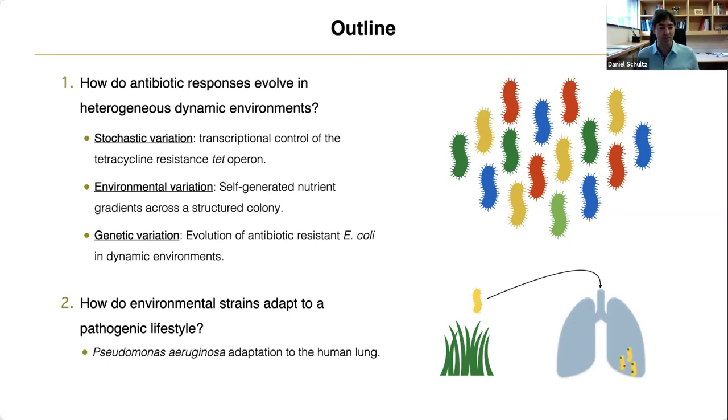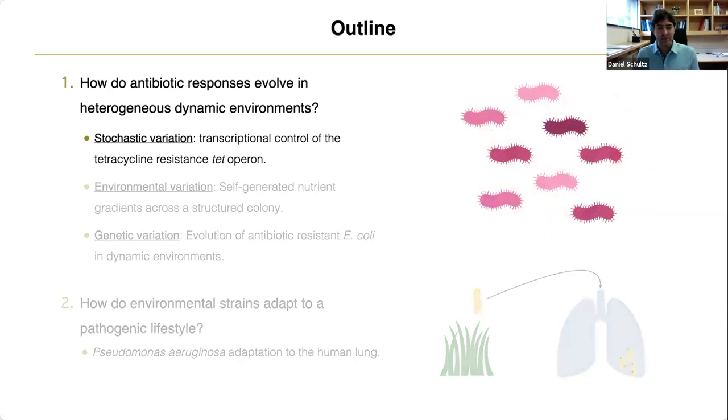And then at the end, we're going to look at a real clinical example of a microbe adapting to a human host, which is Pseudomonas infections in cystic fibrosis patients.